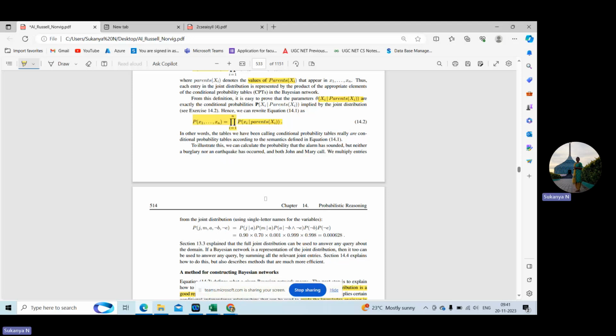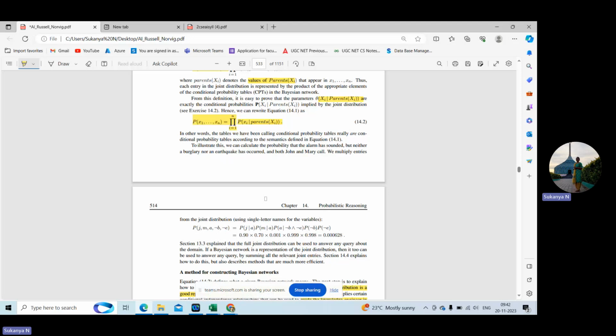And if we compare the first equation and the second equation, we can define P of xi given xi minus 1 till x1 equals P of xi given parents of xi. Okay.